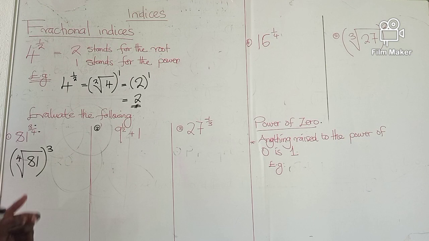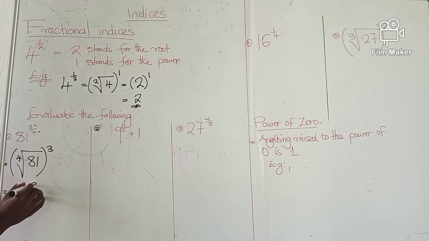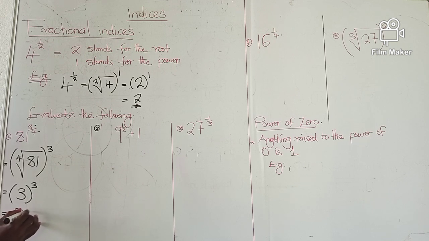What number can you multiply by itself 4 times to give you 81? You find that that number is 3. So the fourth root of 81 is 3. What does this mean? This means 3 times 3 times 3, and that will give us 27. You have answered. As simple as that.